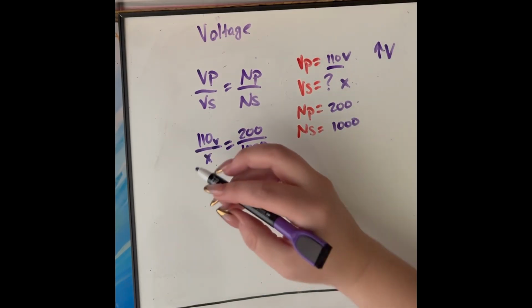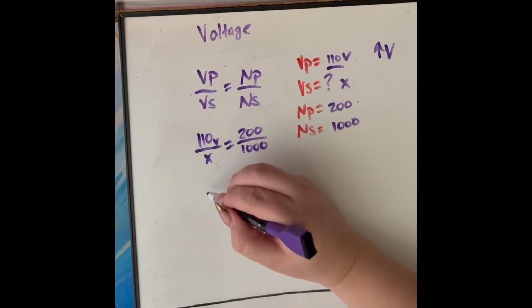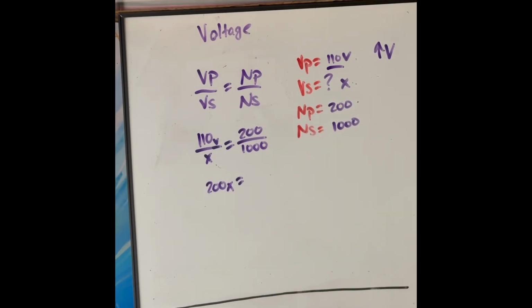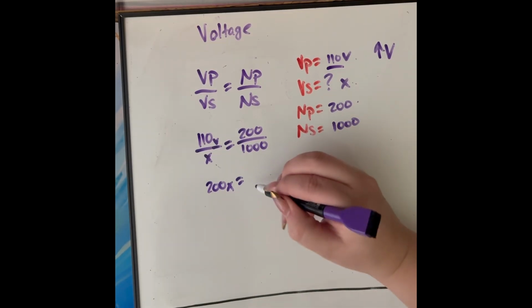And then with just more cross multiplication, we can do 200 times x, 200x, and this should be 11,000, I want to say. 110 times 1,000, let's look. Oh, I'm sorry, 110,000.